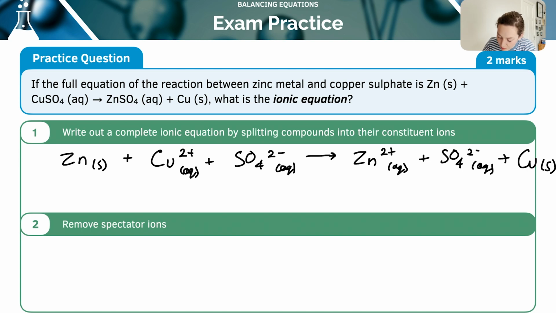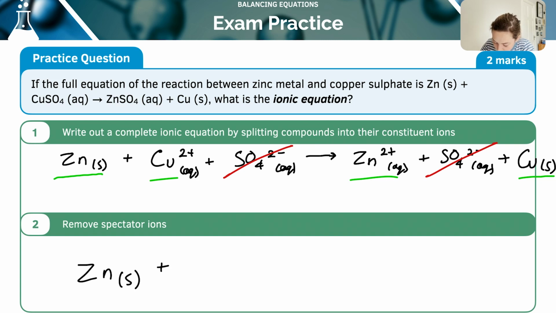Then I'm going to remove my spectator ions. Looking at this, I can see that the sulfate ion is on both sides, and that is the only spectator ion here. Everything else is going to be included. So I can just rewrite out my equation without the spectator ions, including the state symbols.